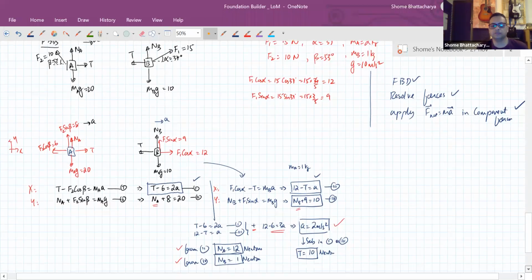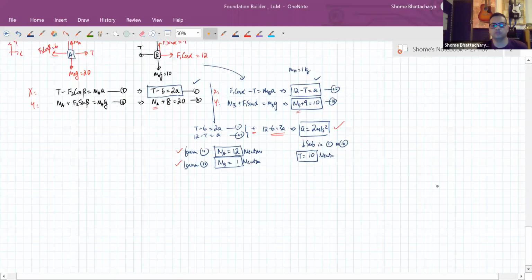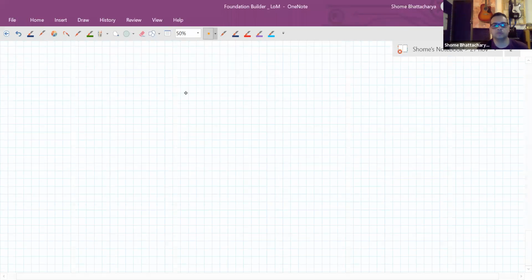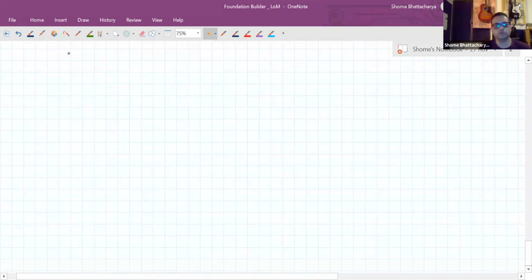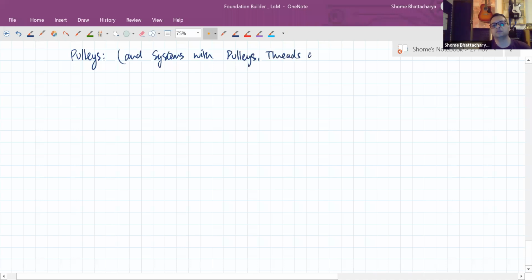Okay, now next we will move on to pulley based systems, systems with pulleys, threads, and blocks.